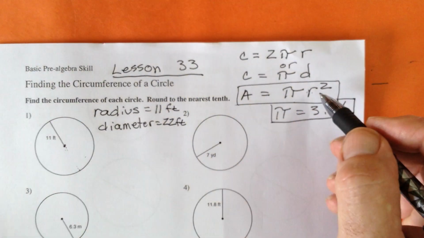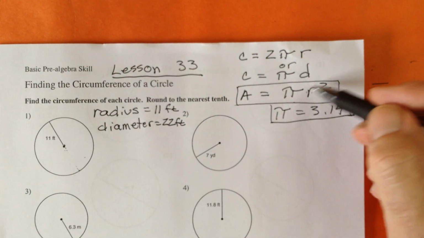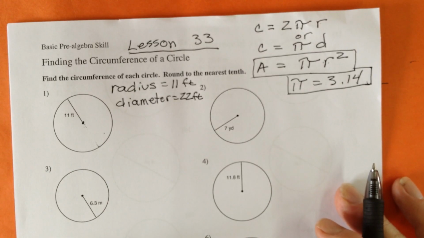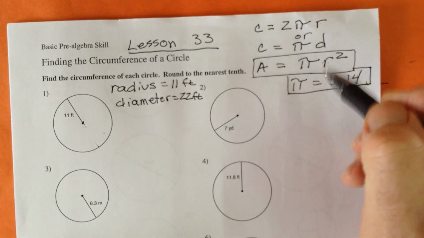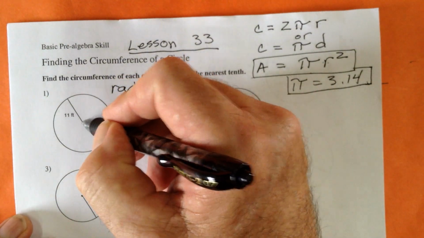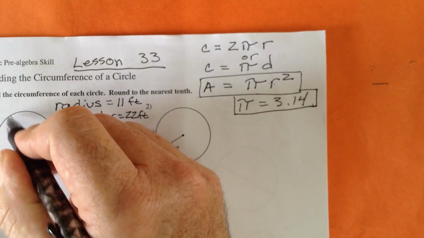But all the other formulas that deal with circles, you can only use the radius. So I usually teach only the use of the formula with radius, but I'll show you both on some of these.